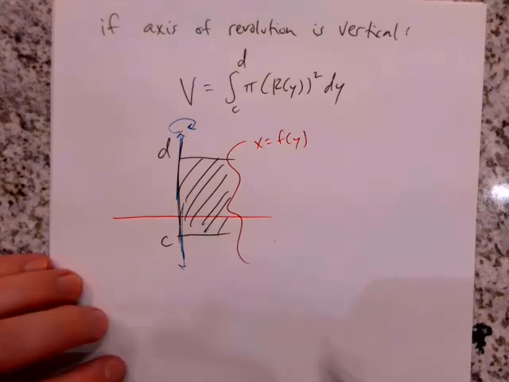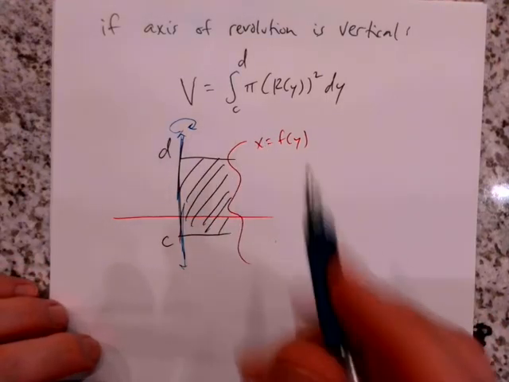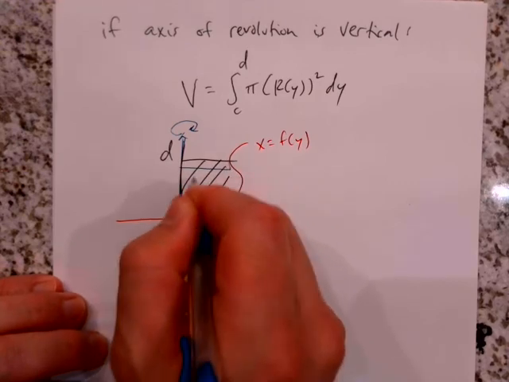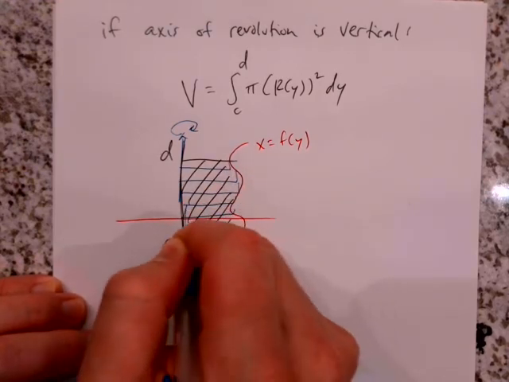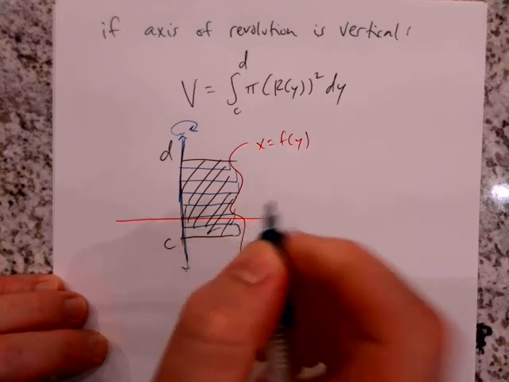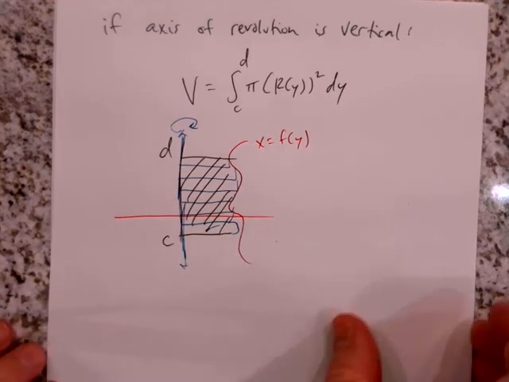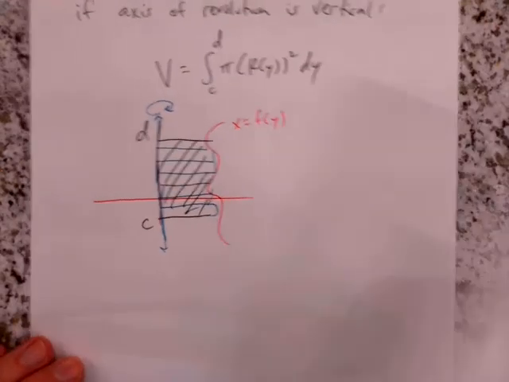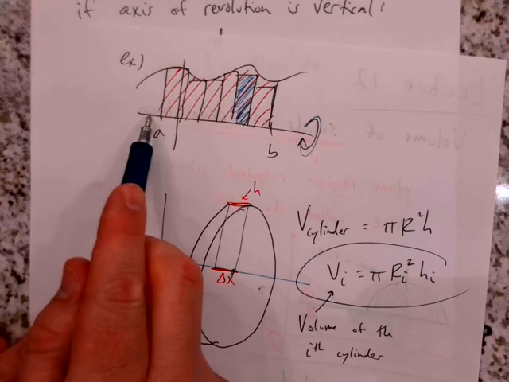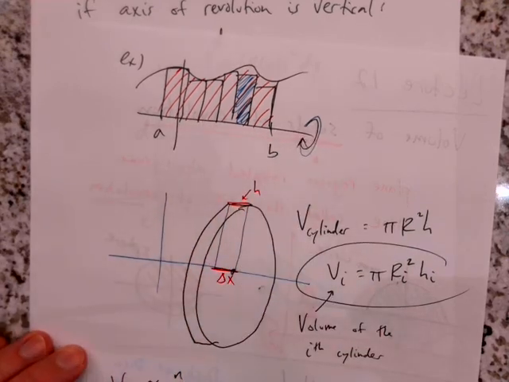Well now, since we're going this way, these will be all of our rectangles, because you always line your rectangles up in the same direction as the axis of revolution. So when the axis of revolution was horizontal, we lined up the rectangles along that way.